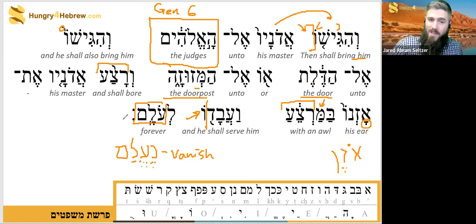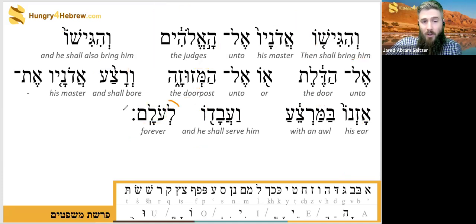It's as far as you can see. It is forever and ever. And if you consider as far as you can see all the way around you, then that would be the cosmos, the world, the earth, the universe, and everything as far as you can see. But it comes from the root to vanish, alam, which means he shall do it for as far as he can see.